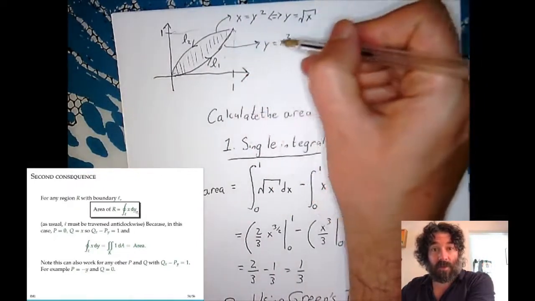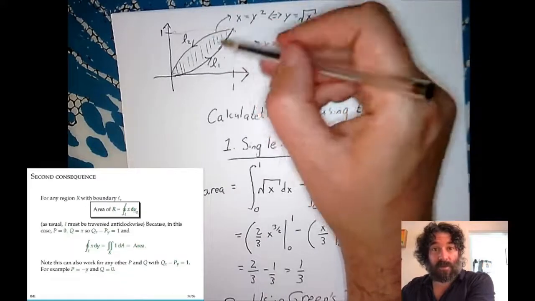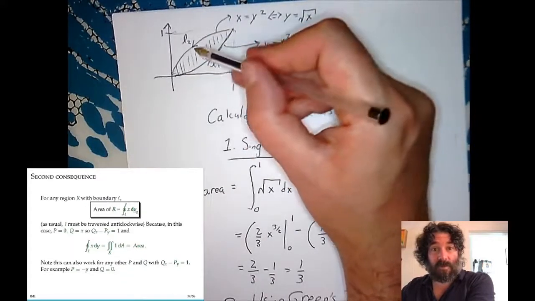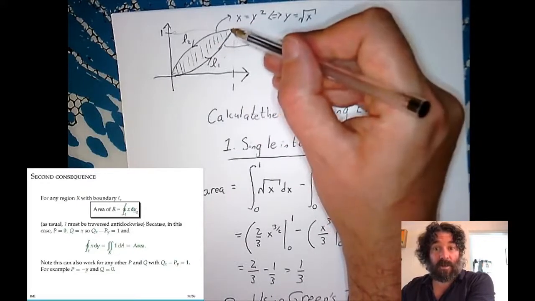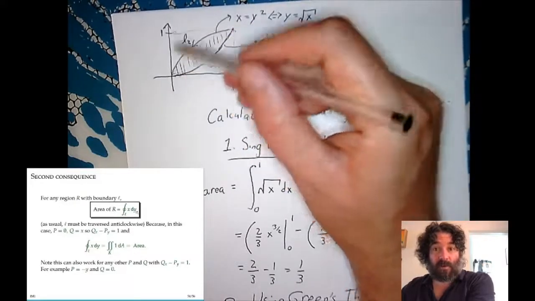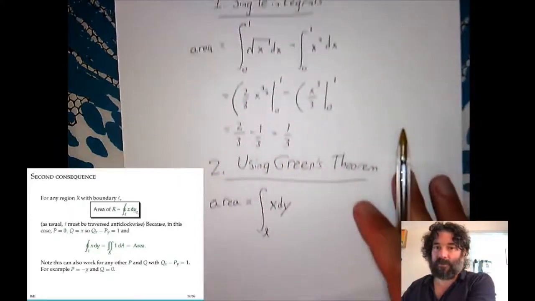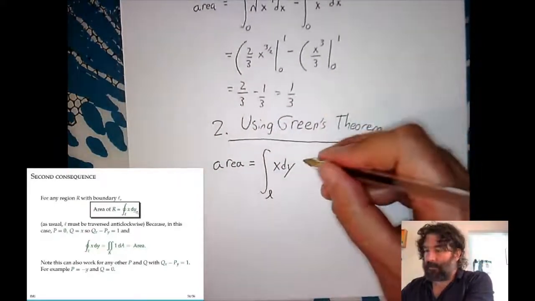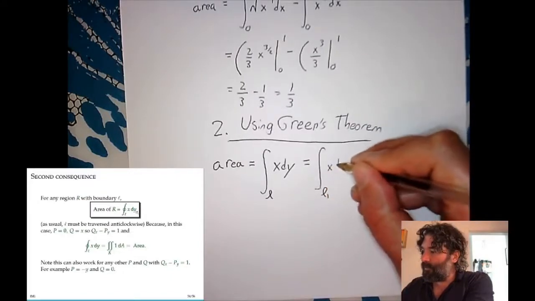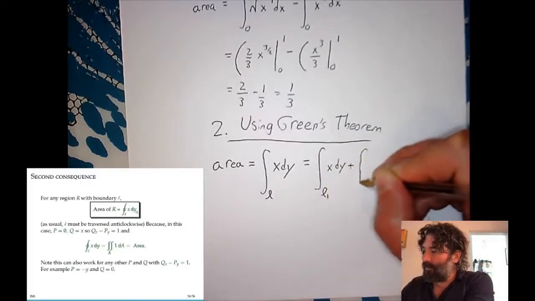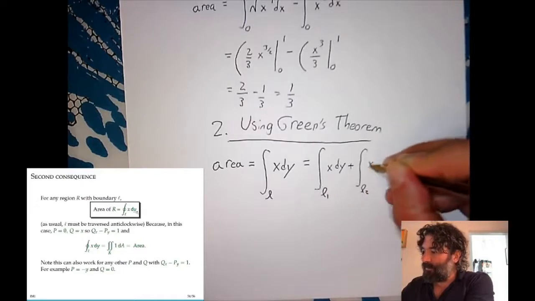On L1, y equals x squared, and x goes from 0 to 1. And then on L2, x equals y squared, and y goes from 1 to 0. So this is going to equal the line integral over L1 of x dy plus a line integral over L2 of x dy.